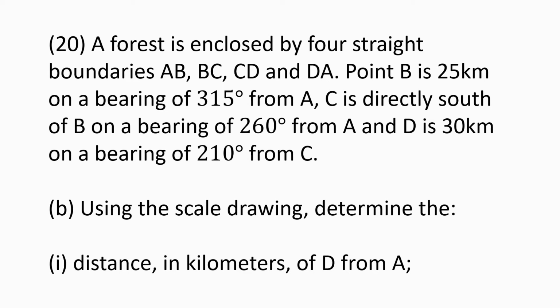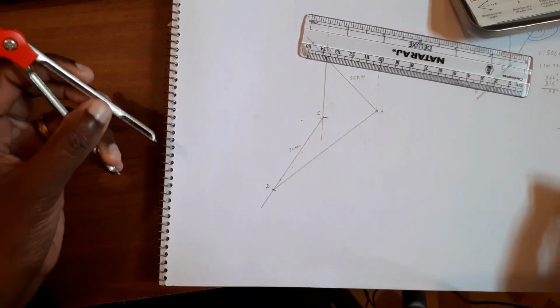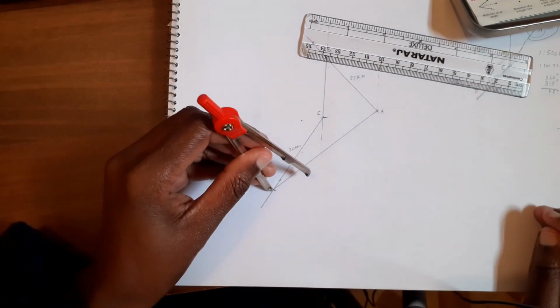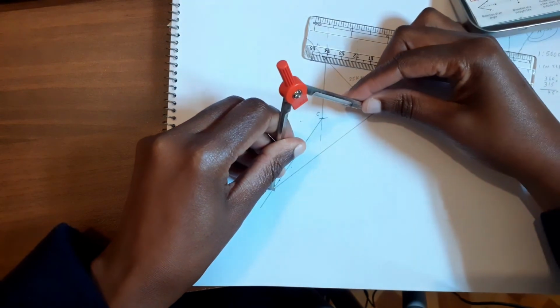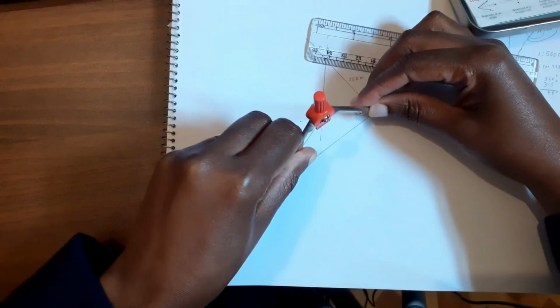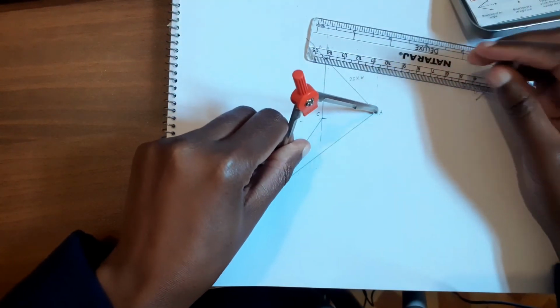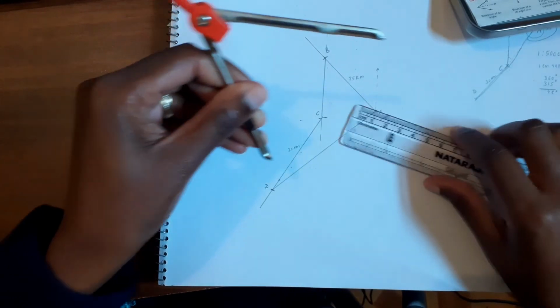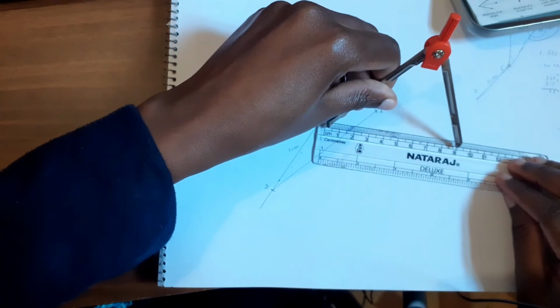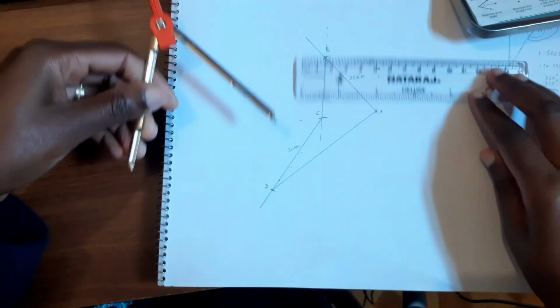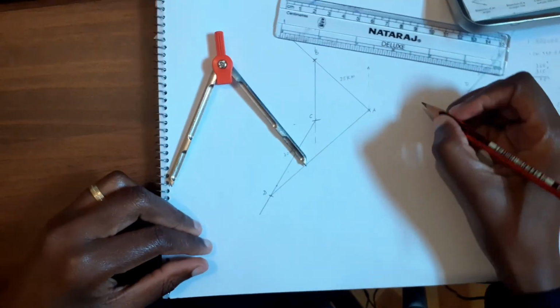Part B1. Using the scale drawing, determine the distance in kilometers of D from A. We will measure DA. It is 9 centimeters.